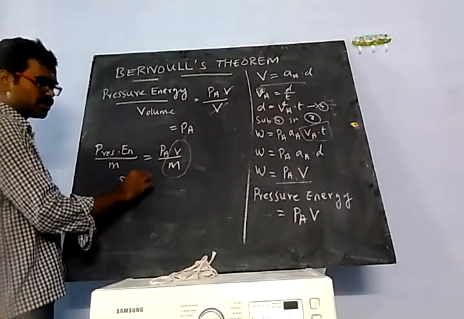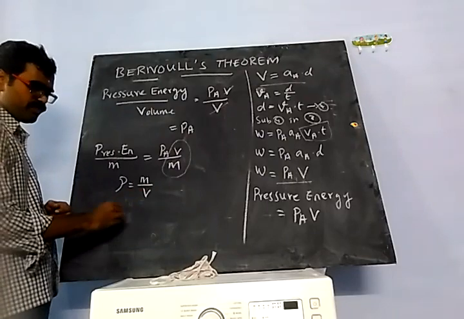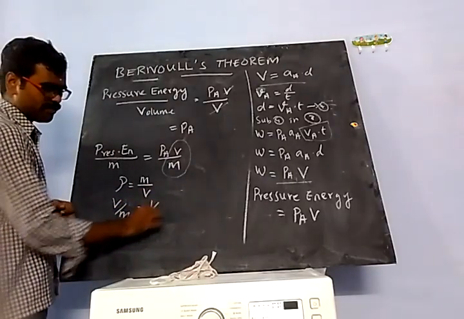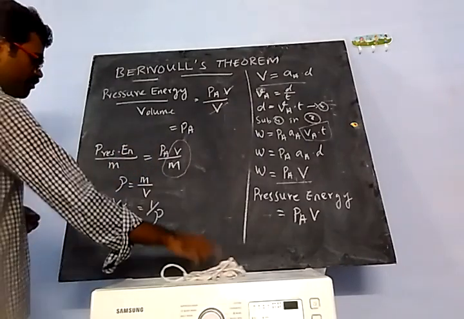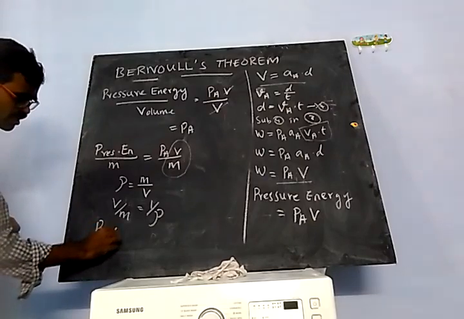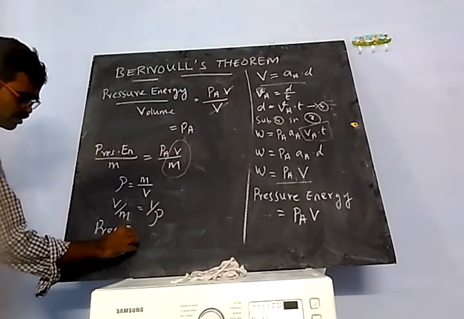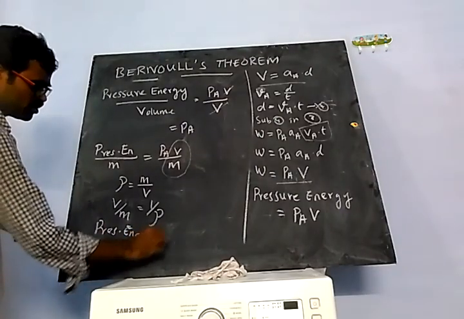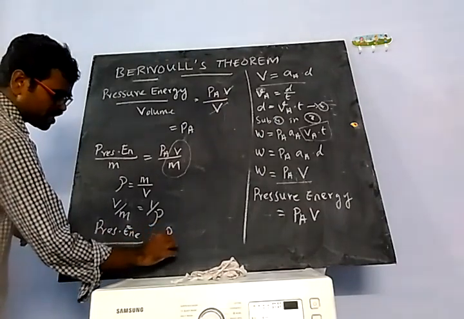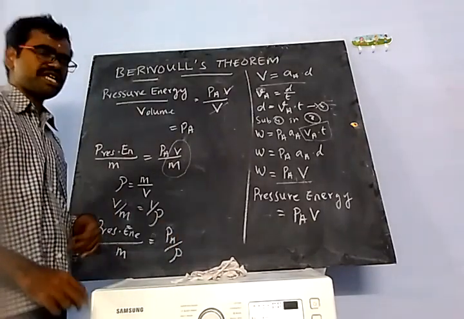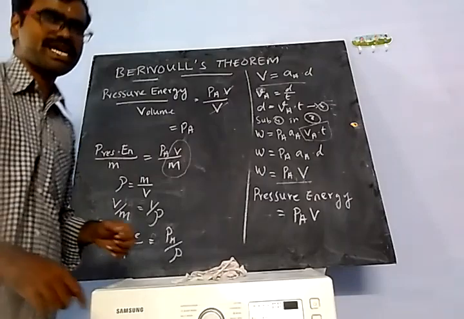Density rho is equal to mass per volume. Then volume divided by mass is equal to 1 by rho. You can substitute this. So pressure energy divided by mass m is equal to P_A divided by rho. Rho is the density of the liquid, and P_A is the pressure at the point A.